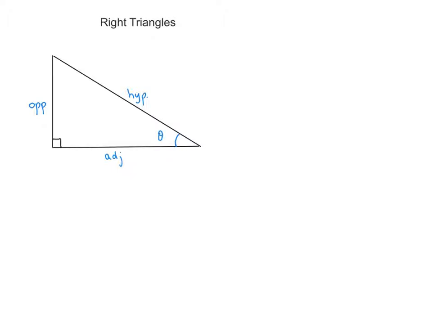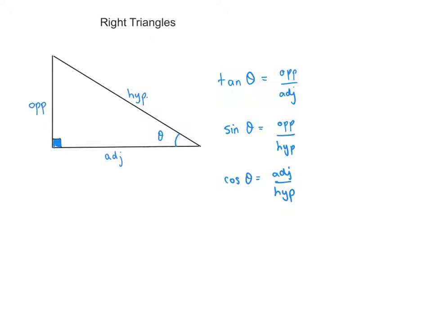So if we call this angle theta, we know that tan theta has a ratio of the opposite side divided by the adjacent side. The sine of theta equals the opposite side divided by the hypotenuse, and the cos of theta equals the adjacent divided by the hypotenuse.